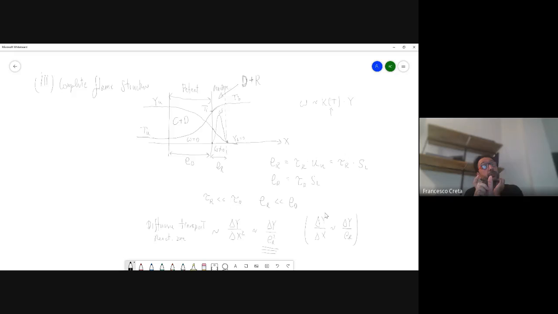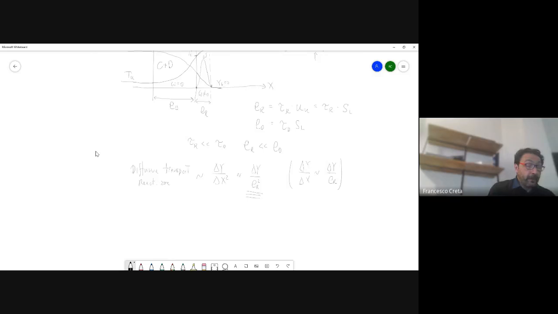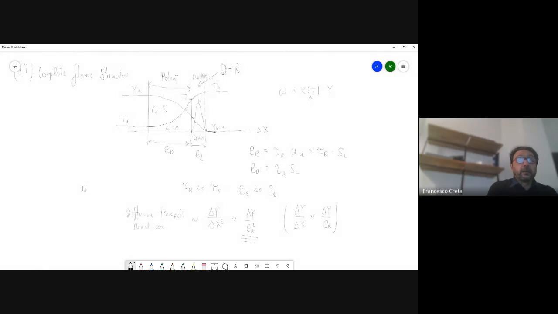And then in the reaction zone, you finally have a reactive phenomenon, which essentially will be balanced by diffusive fluxes, whereas convection is generally less relevant. And this is also quite important to remember. So remember this: convection and diffusion in the preheat zone, and diffusion and reaction in the reaction zone.